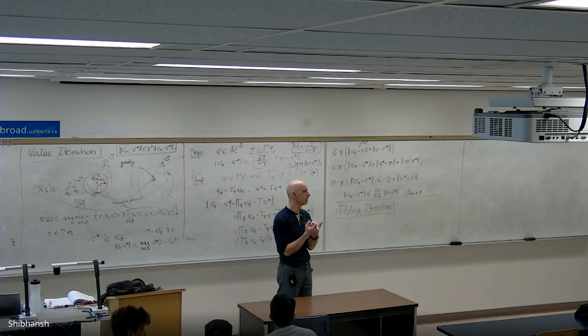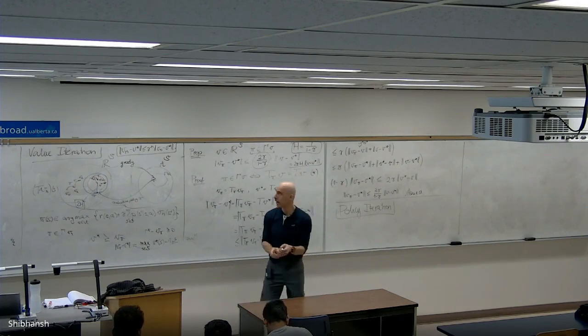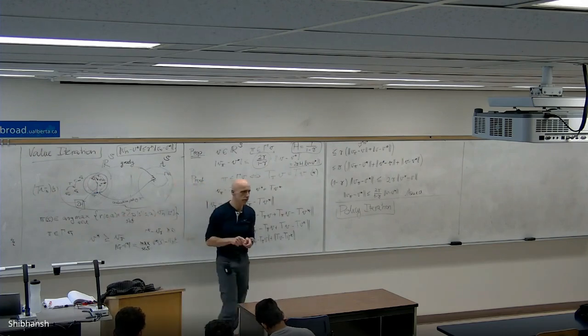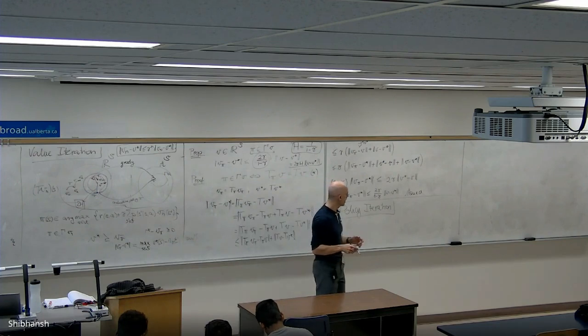We have this MDP, and we are trying to get a good policy, right? And here we are assuming that you pretty much know everything about the MDP. You know the transition structure. You can read out the immediate reward function. You can read out the transition kernel. And then you want to calculate a good policy.